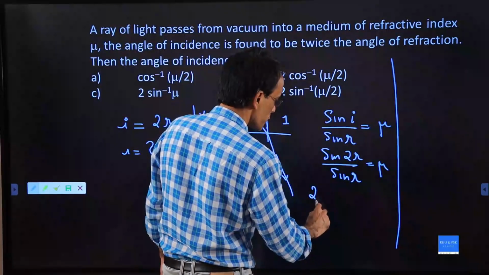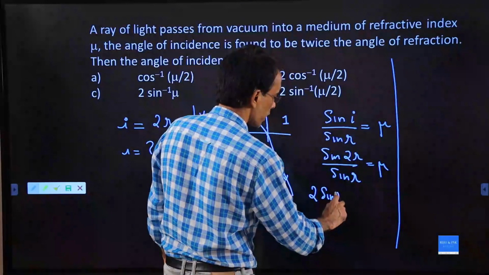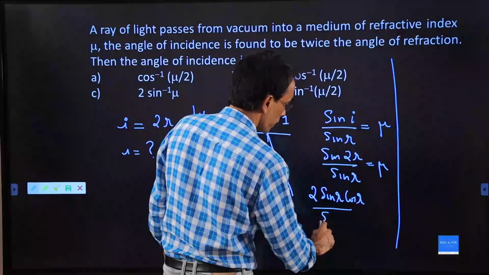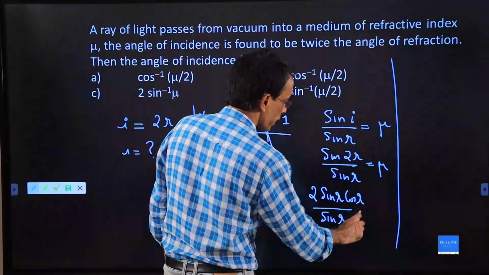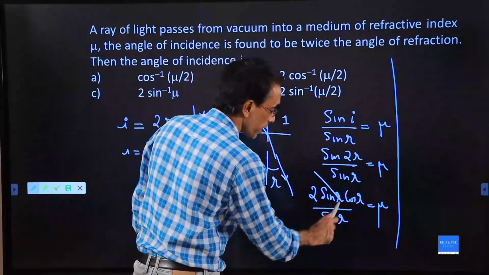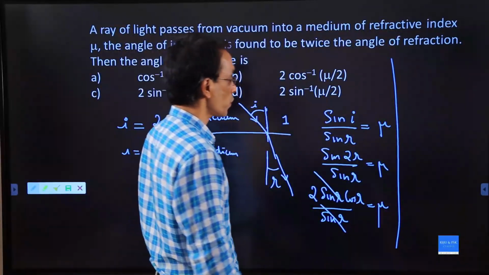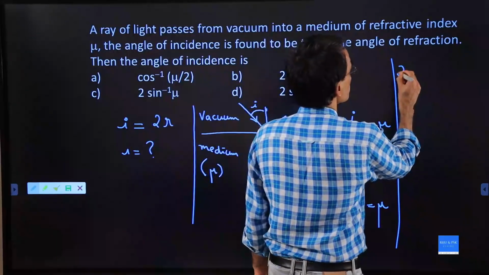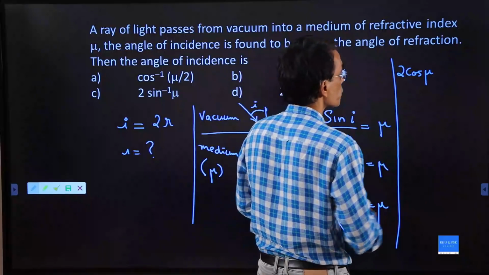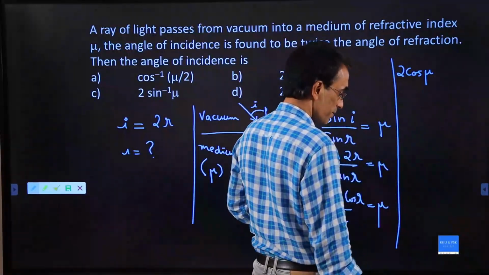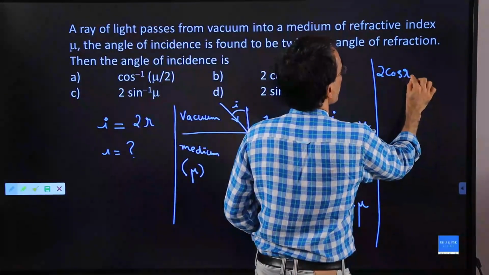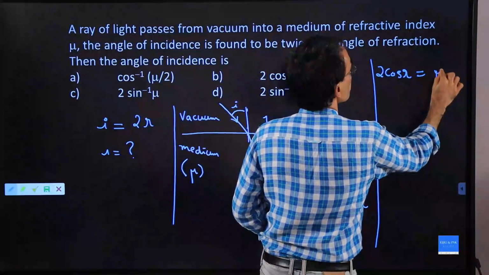So this can be written as 2 sin R cos R divided by sin R equal to mu. Immediately sin R and sin R cancel. So what do you get? We get 2 cos R is equal to mu.